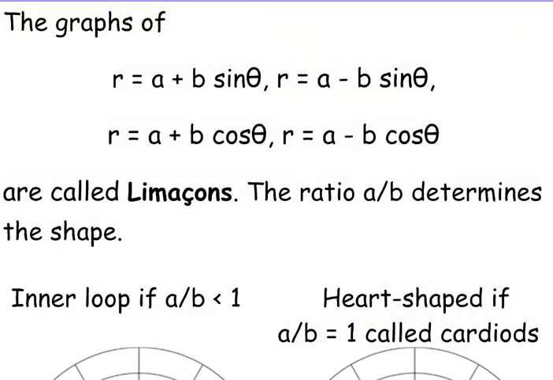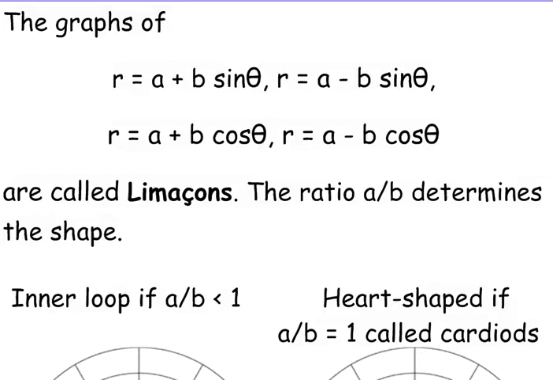Okay, here are a new type of graph. These are called limacons. It's a French word. I'm not a French expert at all. Pretty sure I'm pronouncing that correctly. If I'm not, someone please correct me. But in a limacon, you have a constant plus the coefficient cosine of theta, or a constant plus the coefficient sine of theta.